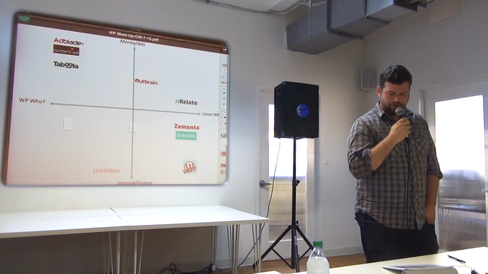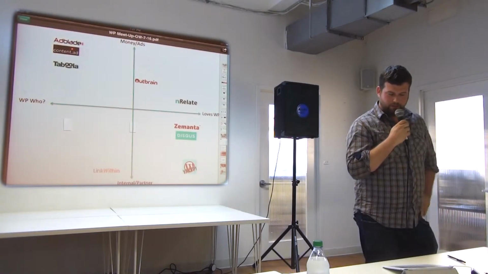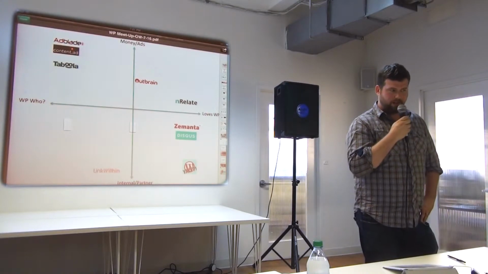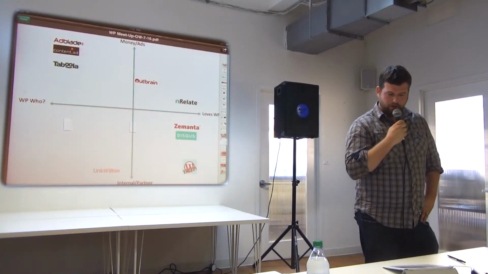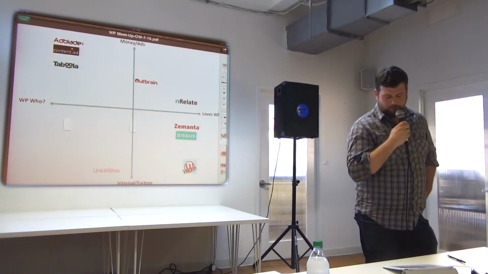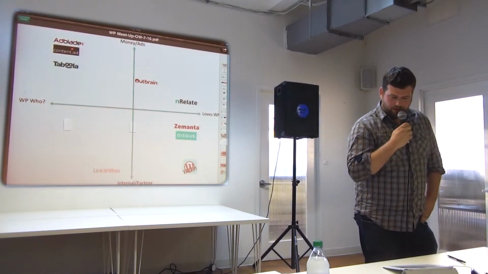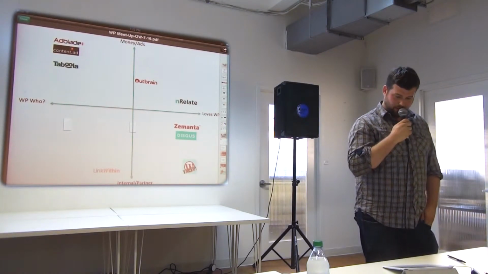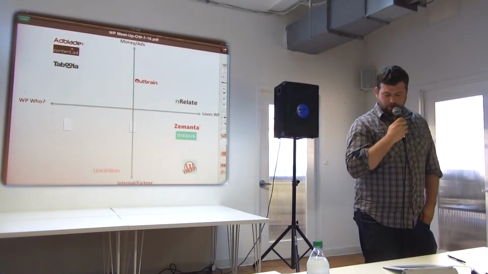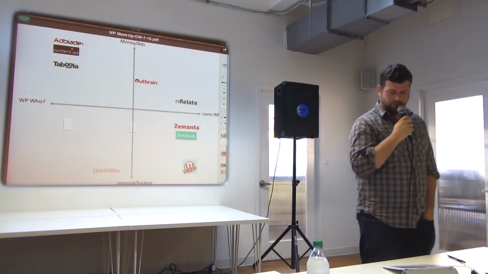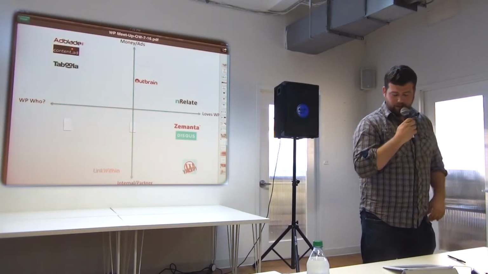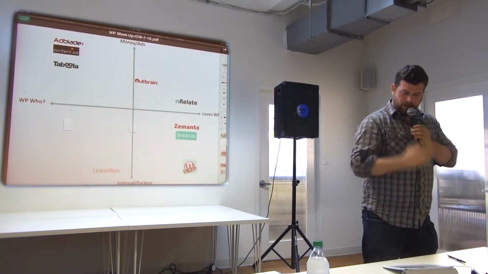On the top left, you have AdBlade, Content Ad, and Taboola, 3 companies that focus a lot on driving paid links, and don't really have much in terms of WordPress support or plugins or anything like that. On the right, you have probably some familiar names, nRelate, Zemanta, Disqus, and Yarpp, focusing on releasing plugins and supporting WordPress, and also driving paid and internal linking. And then you also have Outbrain and LinkWithin, 2 other companies that do this.